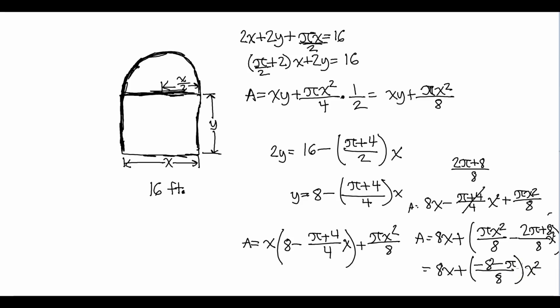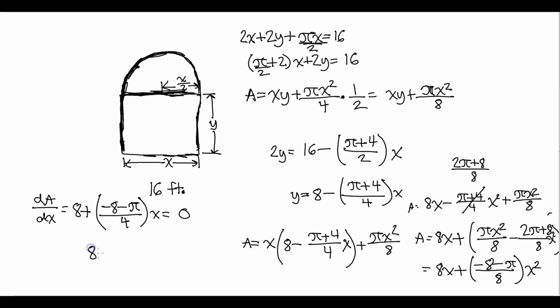Now, if we were to take the derivative dA dx, that equals 8 plus 2 times x, so we have minus 8 minus pi over 4 x. We set this equal to 0.